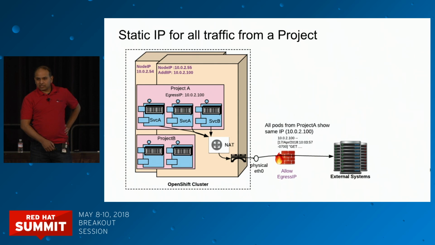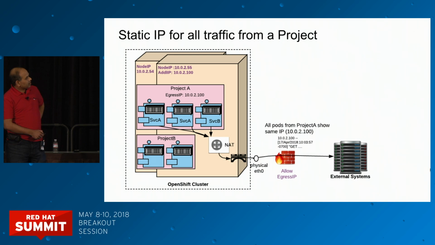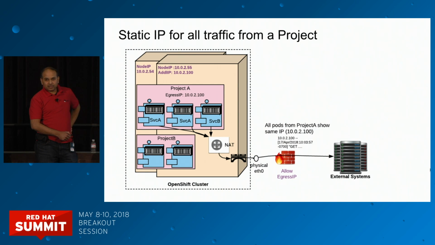We recently introduced in 3.9 this other solution where you can assign this egress IP at the project level. So if you're running n number of services within a project, you don't need to create an egress pod anymore. All the services, when the traffic goes out of the project, will get the same IP address, irrespective of where these pods live.